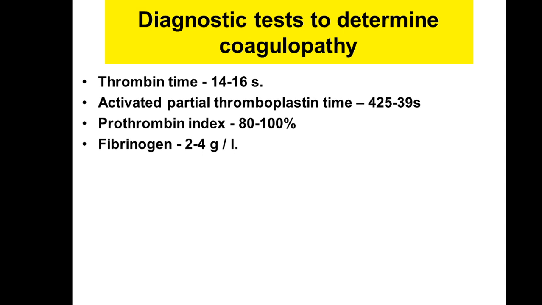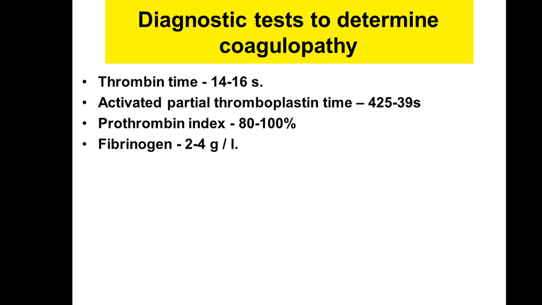How we diagnose? Diagnostic tests determine the coagulopathies. We see thrombin time, normally from 14 to 16 seconds, will increase, and activated partial thromboplastin time, normally from 25 to 39, please my dears, from 25 to 39, will increase. And prothrombin index normal will be 80 to 100%, with prolonged fibrinogen.